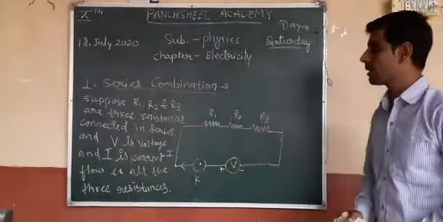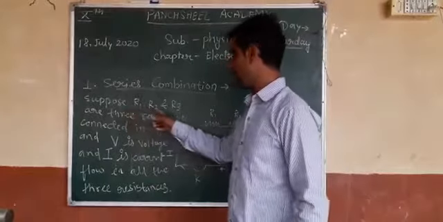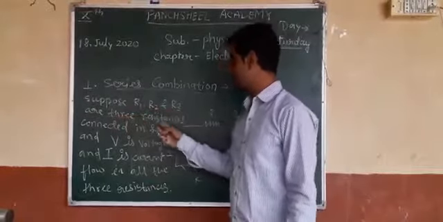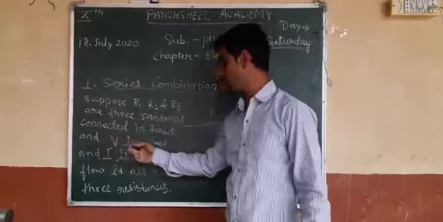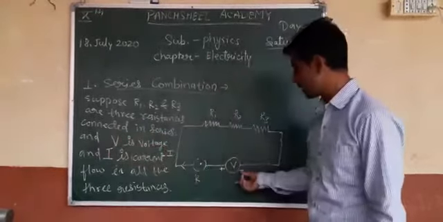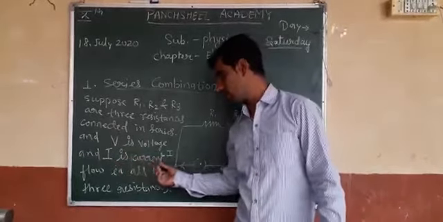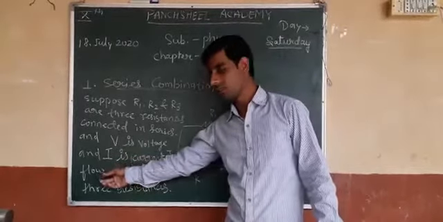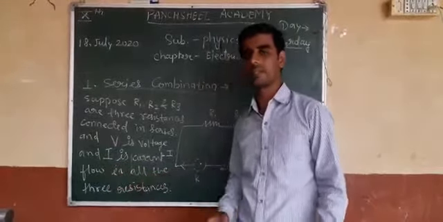Let me write the consideration: suppose R1, R2 and R3 are three resistances connected in series, and V is the voltage. Which voltage? This voltage, and I is the current flowing in all the three resistances.